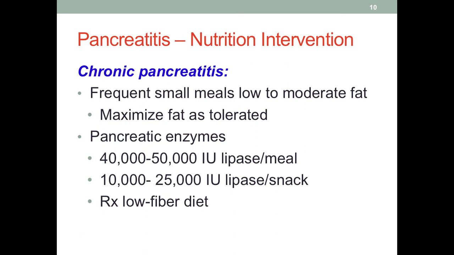The reason for this is that if we have a high-fiber diet and we also need to have these enzyme supplements with meals, then the fiber will chelate and engage many of the enzyme molecules and make them unavailable. So in this case, high fiber in the diet would reduce the effectiveness of the enzyme supplement. And this is the rationale behind the low-fiber diet here.